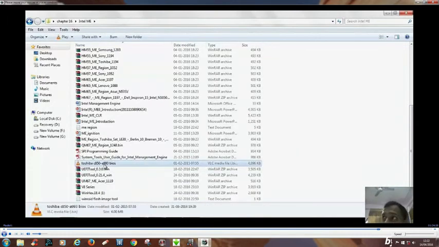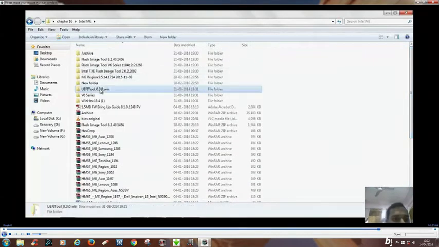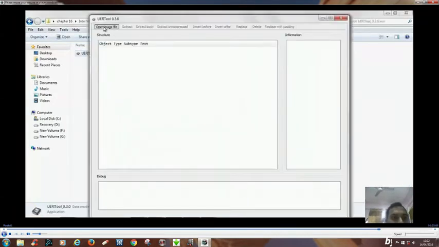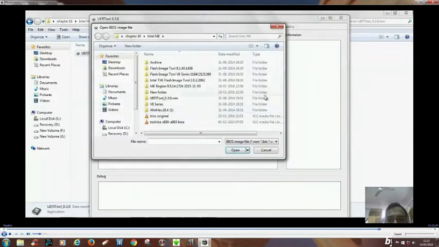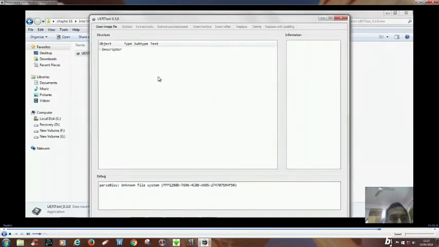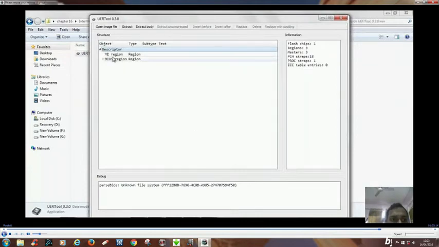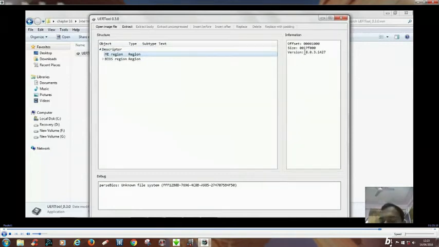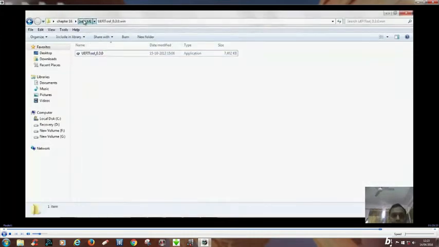Now this is a complete backup of the BIOS chip, but with UEFI tool, you open this UEFI tool, you load this BIOS region, and you can see the AMI region. You can just locate the version of the AMI region present inside the complete BIOS chip.